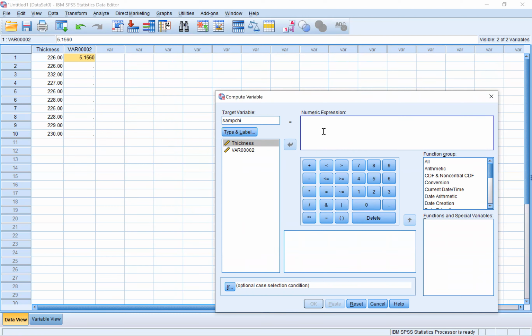That would be 10 minus 1, 9, times the sample variance, which was 5.156, divided by the number against which you are checking, sigma naught square, whose value was given as 2.25.